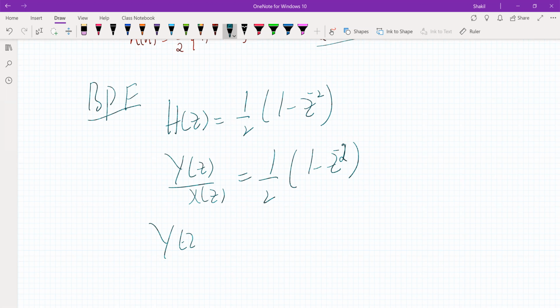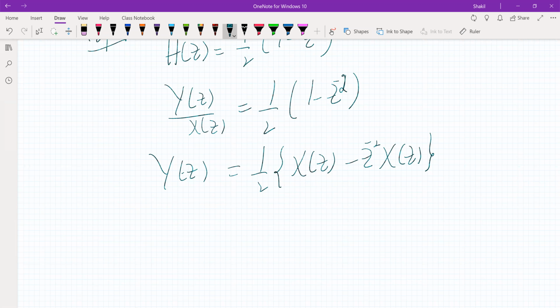Rearranging the terms, we get y of z is 1 by 2 x of z minus z to the power minus 2 x of z. Taking the inverse z transform, this will be y of n is 1 by 2 x of n minus x of n minus 2.